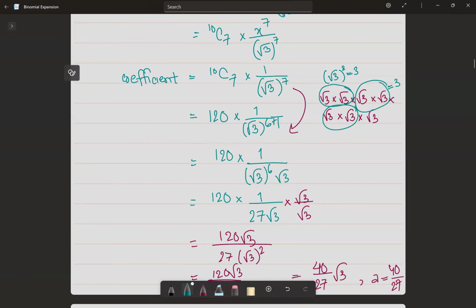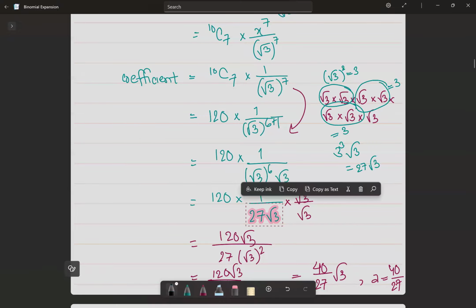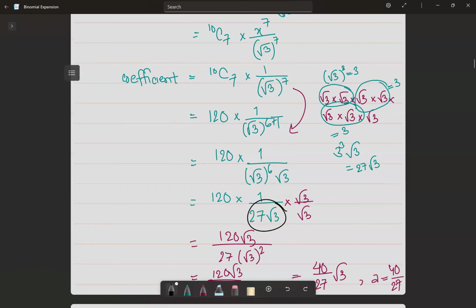Then from these two, you are going to get 3. So 3 into 3 into 3, 3 cube. And then you have root 3, which is 27 root 3, which you have written here, which you got in here. It's the same.